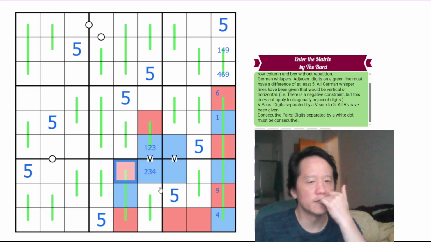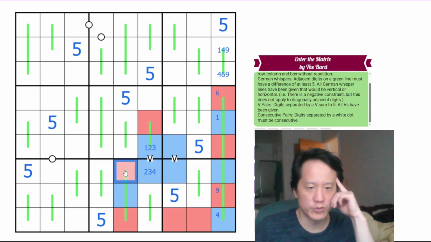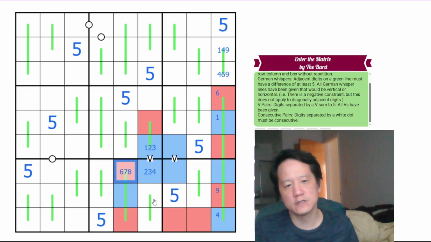This cannot be 9 because if this were 9, there would have to be a German whisper line connecting these. So this is 6, 7, or 8.